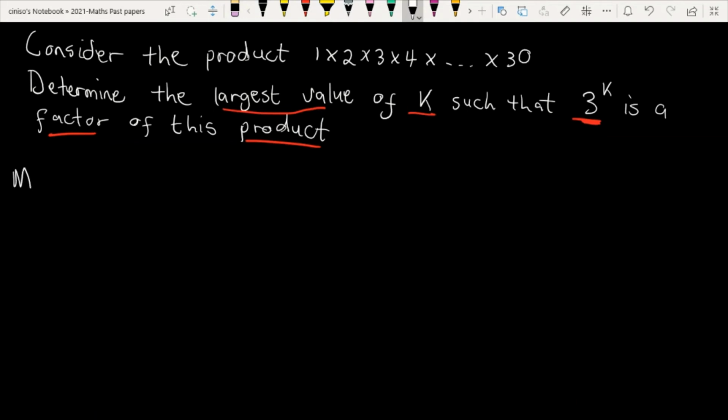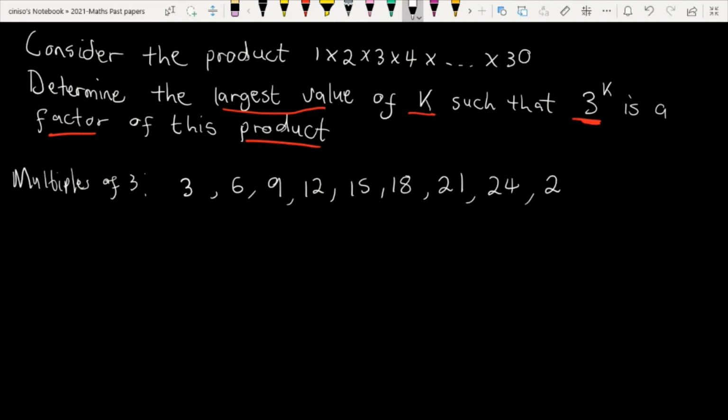So the multiples of 3 are 3, 6, 9, 12, 15, 18, 21, 24, 27, 30. We've just identified the multiples of 3 up to 30, because that's where the product ends.